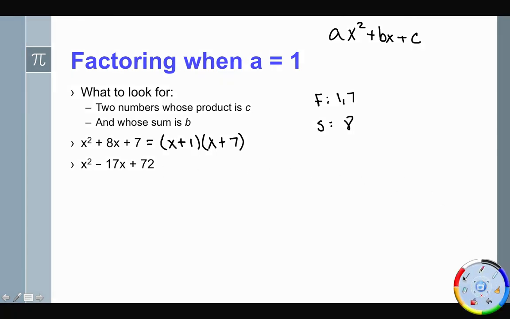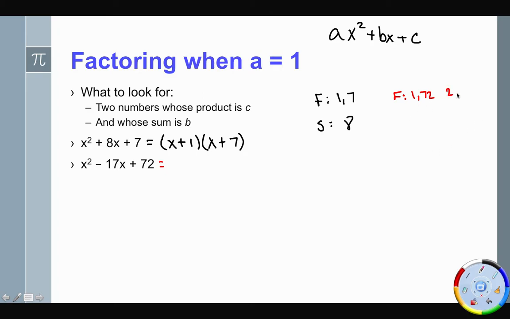So we look here. We have x squared minus 17x plus 72. This gets a little bit more challenging when the numbers get bigger. We look over here and say, okay, what are the factors of 72? Well, we have 1 and 72. That doesn't help, because the sum there is 73.